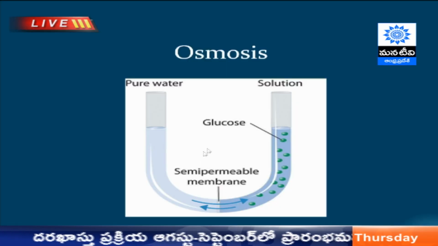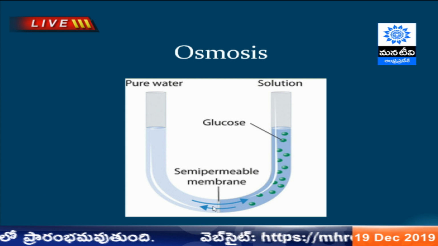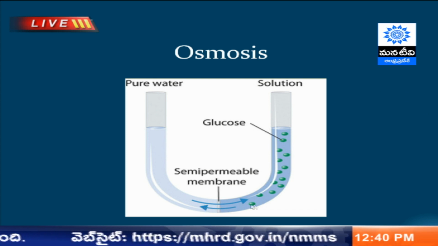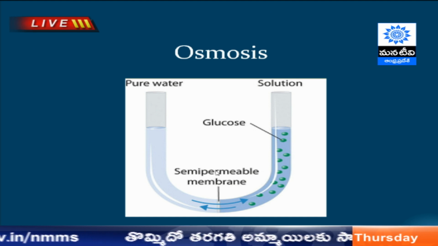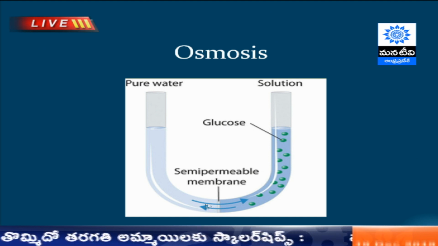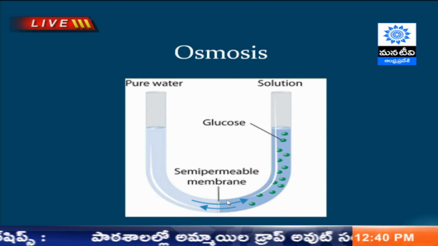Now, as already shown, this semi-permeable membrane will permit only the solvent to pass in either direction in the beginning, and afterwards only one. It is not an equilibrium, but after some time you can say status quo has been attained.